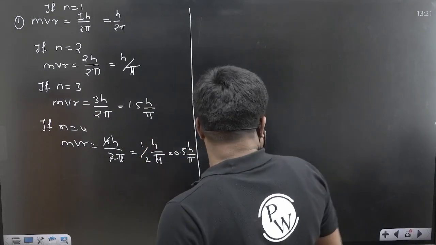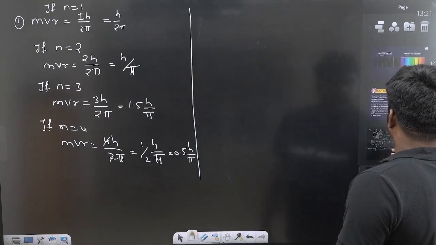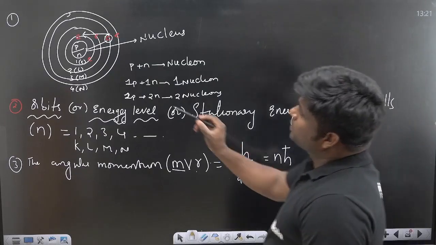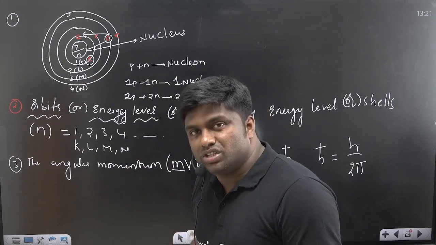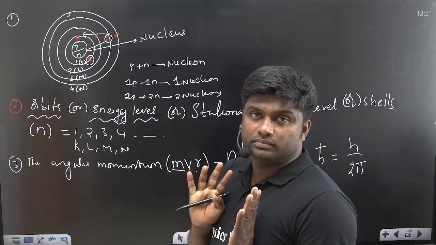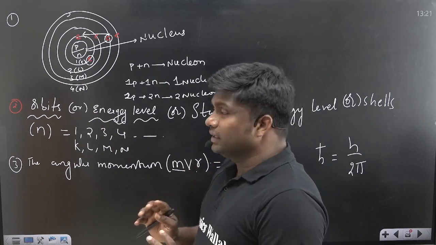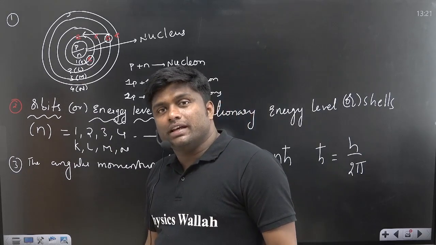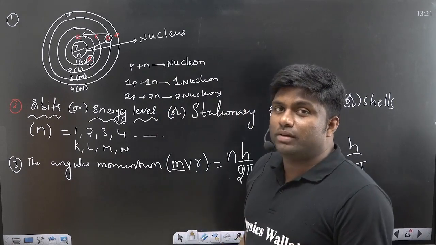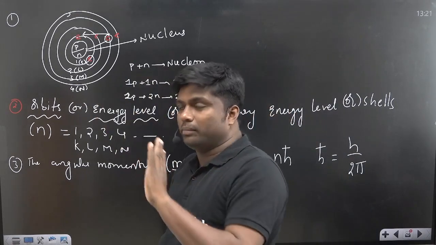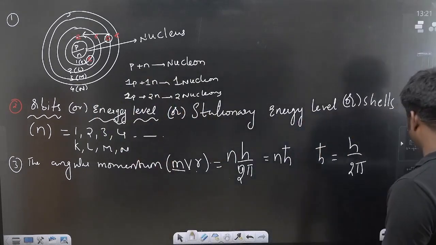See, if the electron is present in a particular orbit, it cannot absorb energy and it cannot emit energy. But if the electron absorbs energy from an external source, it jumps from a lower orbit to a higher orbit. So what is the next point here?